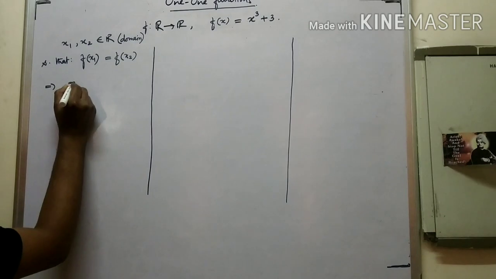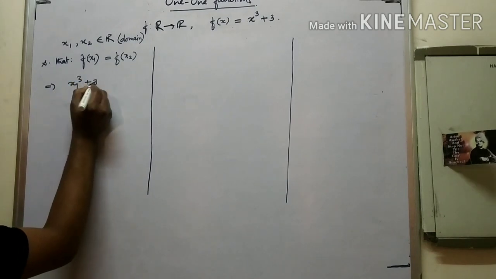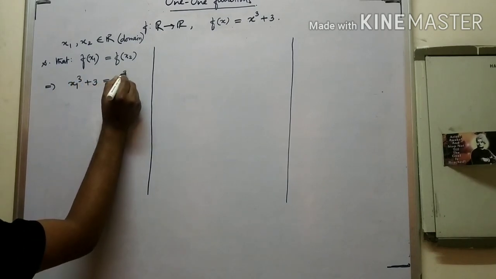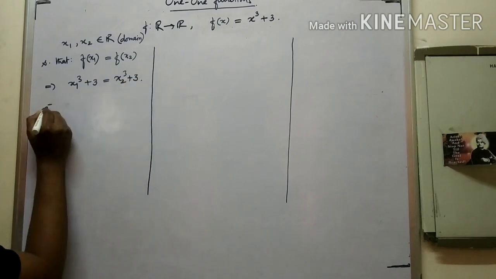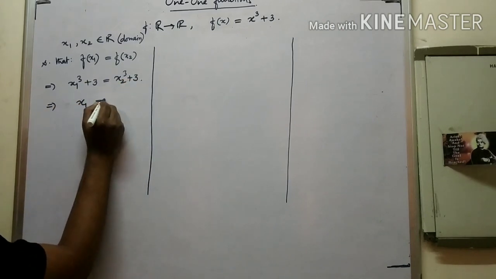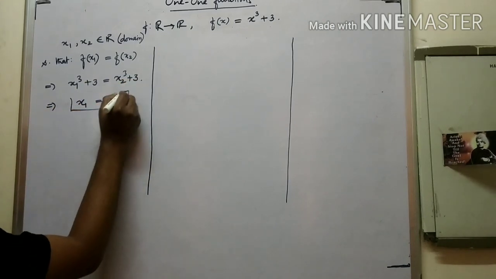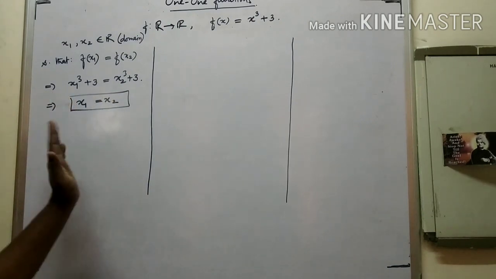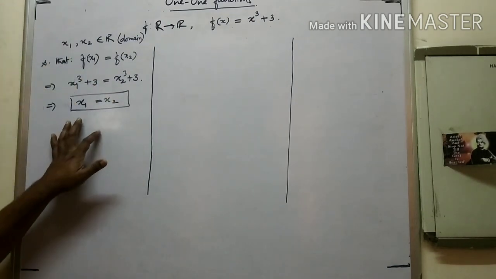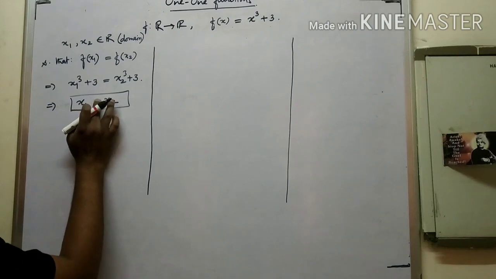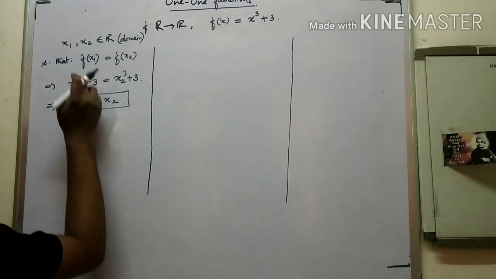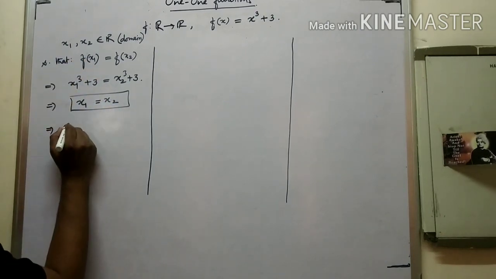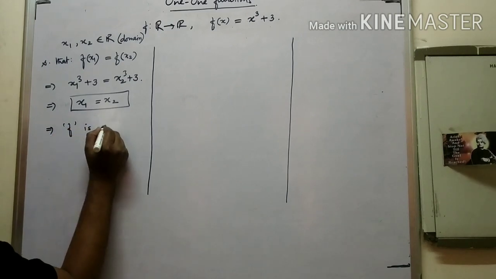So we get x1^3 + 3 = x2^3 + 3, simply x1 equal to x2. So we declare that f is 1-1.